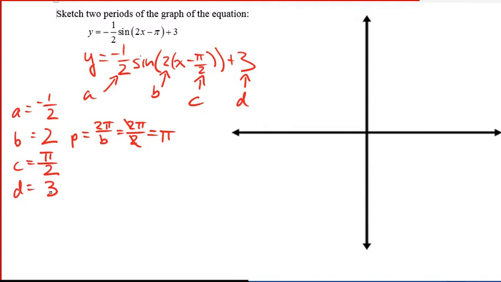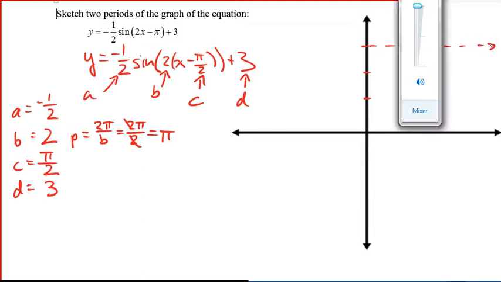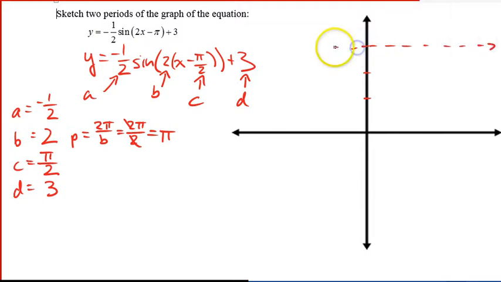Now let's start graphing this thing. I like to start with D, my midline, first. Well, D is equal to 3, so I'm going to go up 1, 2, 3 units here and draw a horizontal line, and that is going to be the midline of my sine curve.